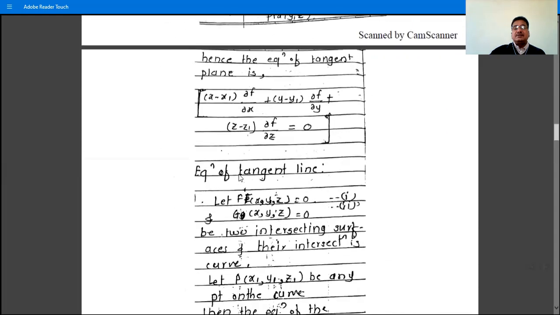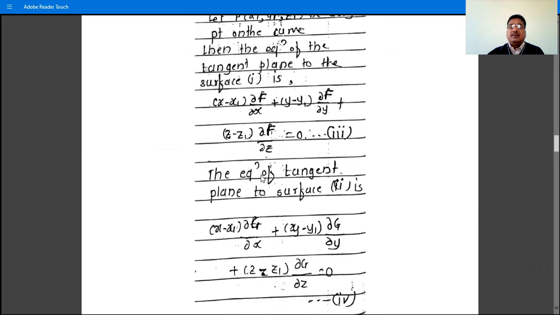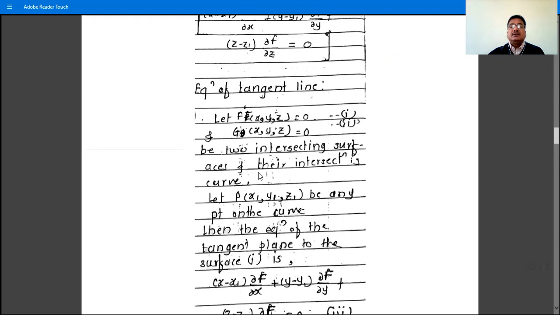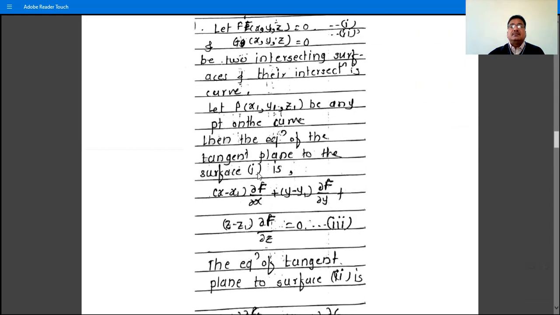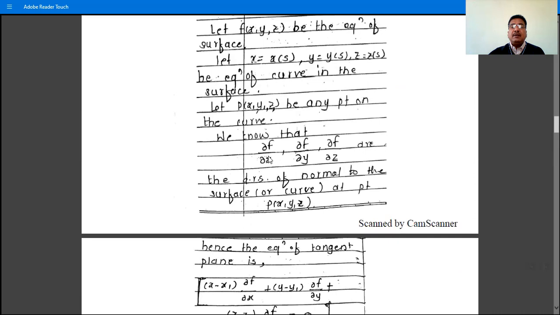So the coefficients of i, j, k are the direction ratios of the normal to that surface, and therefore here ∂f/∂x, ∂f/∂y, and ∂f/∂z are the direction ratios of the normal to the surface at a point P(x,y,z).